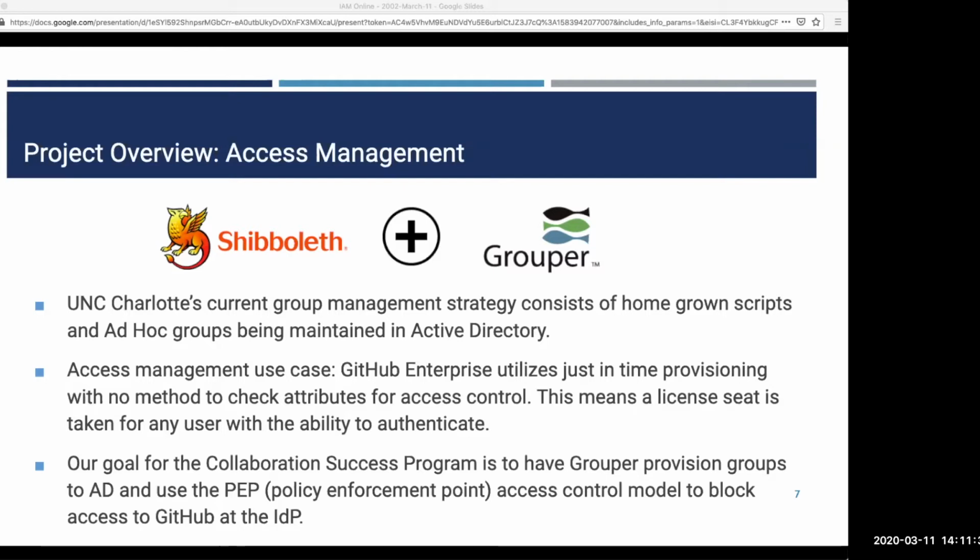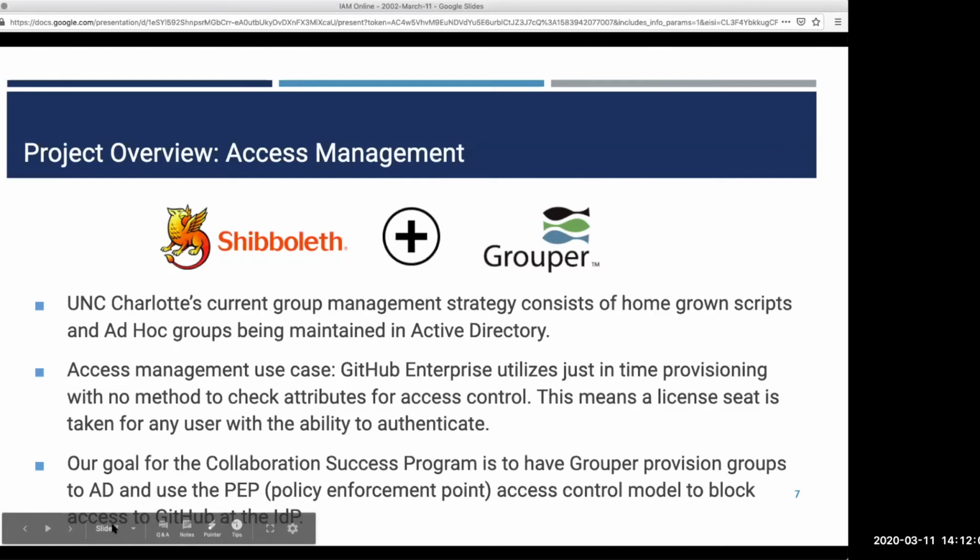GitHub is our first app that we're hoping to do that with, because currently we have no way of blocking access. Anyone who can authenticate into GitHub pretty much gets a seat. So we'll use the policy enforcement point in Shibboleth to go ahead and block people from getting access, and also to present a consistent error screen for people.